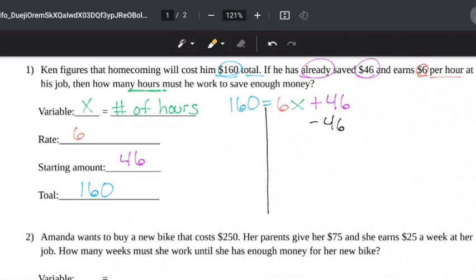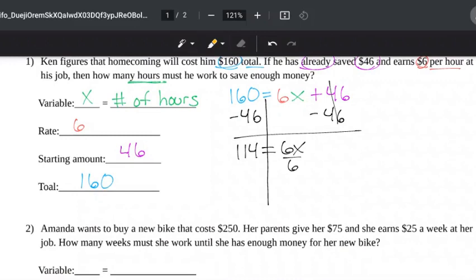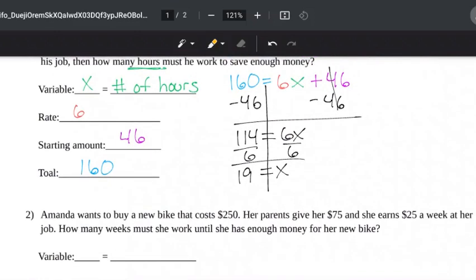So to isolate that x term, we need to subtract 46 on both sides. 160 minus 46 gives us 114. We are left with 6x, divide by 6, and we are left with x equals 114 divided by 6 is 19. Now, 19 what? We cannot leave it right there. What is the question asking?